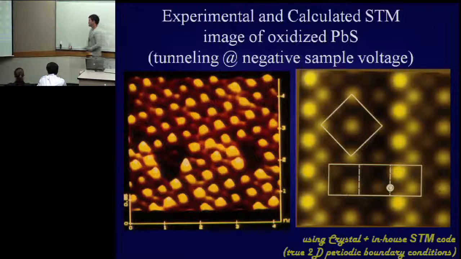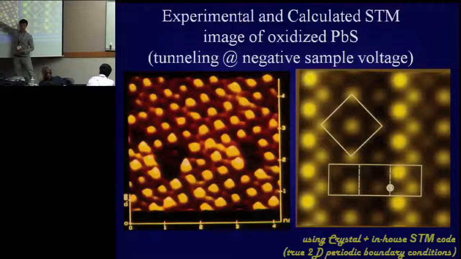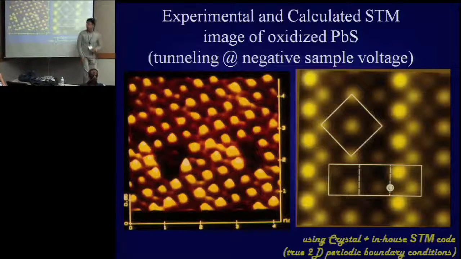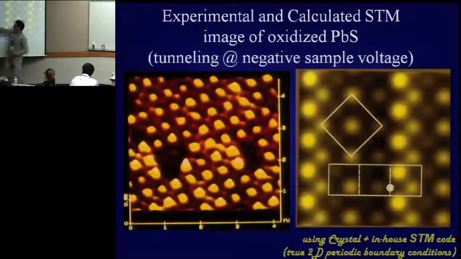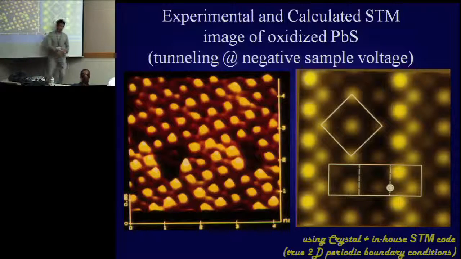So what you get is not only an explanation of these experimental images, that these are not defect sites on the surface, this is just where the surface is oxidized, but it also explains why you have higher electron valence band density around these patches, why you have patches and not randomly distributed oxidation sites, and things like that.